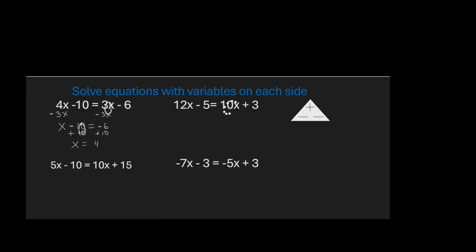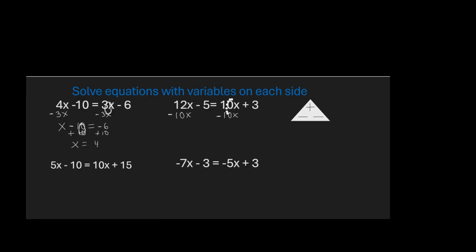In that way, if I make it 0, I'm going to have all the variables on the other side, right? So 10 is positive. To make it 0, I'm going to do the opposite. So that means I'll be subtracting 10x to make it 0. Then I'll do the same thing on the other side, subtracting 10x.